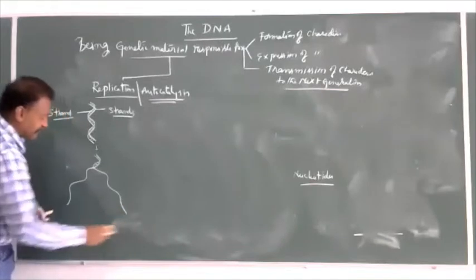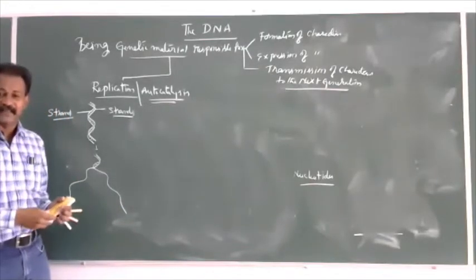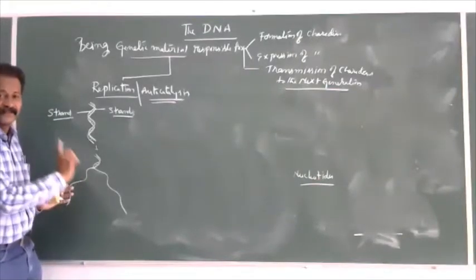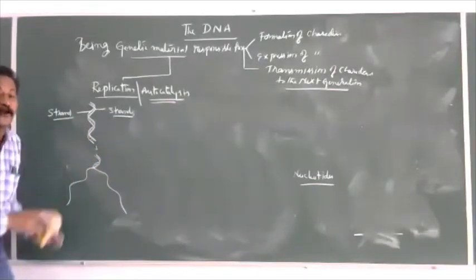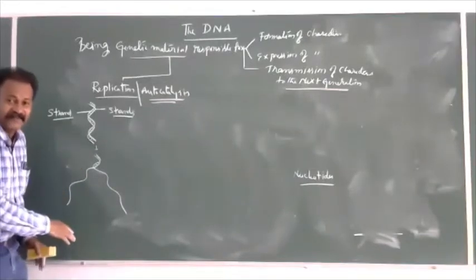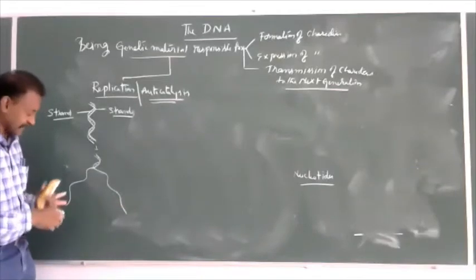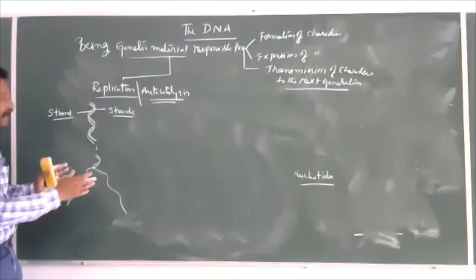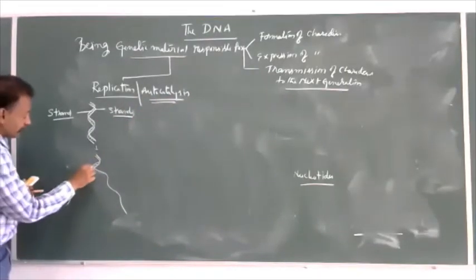When they were separated, they have complementary base pairing. We have studied, what is complementary base pairing? Always A bonds with T, T bonds with A, G bonds with C, C bonds with G. If we know the sequence of one strand or one chain, we can easily predict the sequence of the other chain.